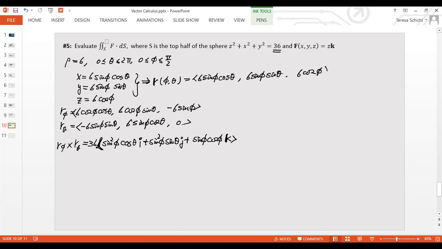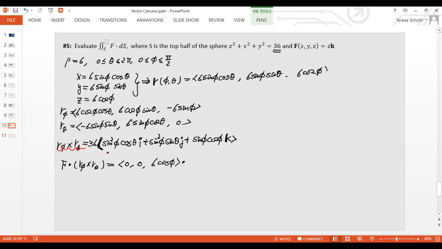Okay, so now what is your F here? Oh, F is pretty easy, it's z, right? So F dot r phi cross r theta. Okay, so if you do a dot product, this will be 0, 0, z, so it's 6 cosine phi, right? Dot product with whatever you have here, right? So let me not repeat that.